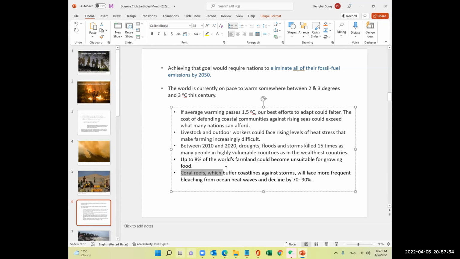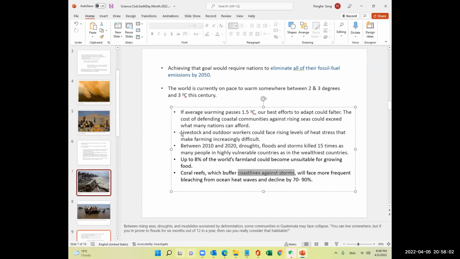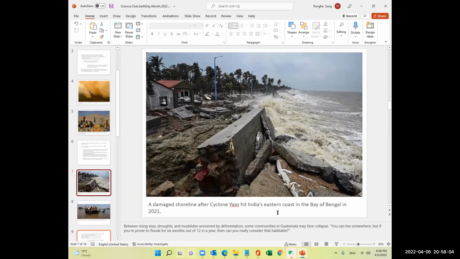So when they're gone, we are going to see more flooding near the coast. Here's a picture of a damaged shoreline in India last year in the Bay of Bengal.